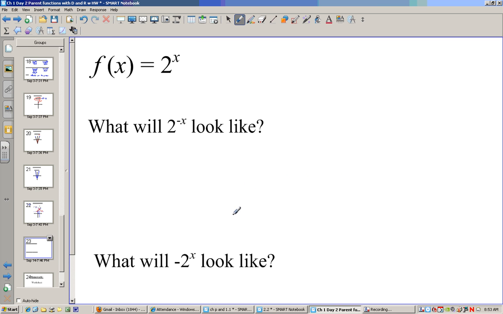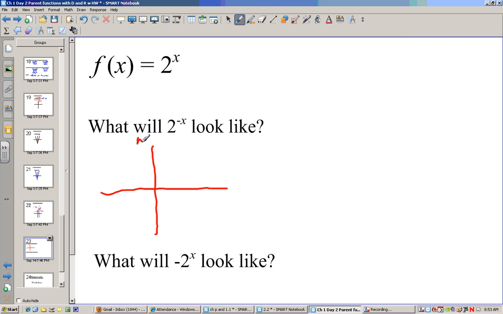All right. Now, we know if we have a parent function y equals 2 to the x, 2 to the negative x and negative 2 to the x are two different functions. 2 to the negative x is like the f of negative x, where it's a reflection over the y-axis.